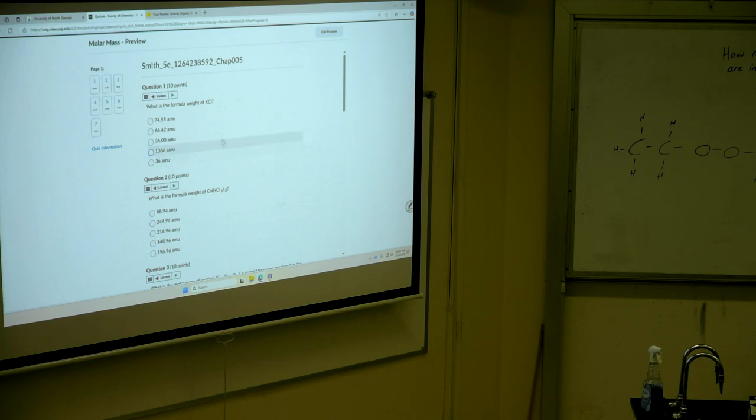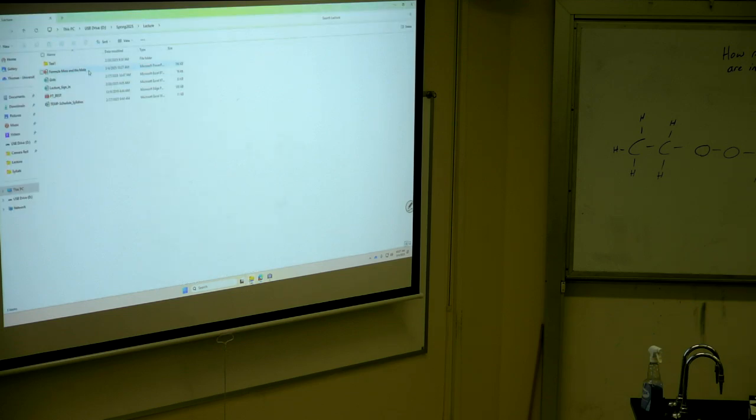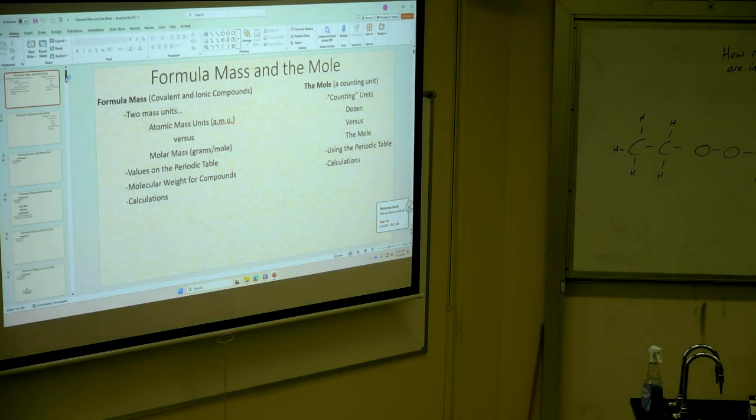What is the formula weight of KCl? Oh, yeah. I didn't mention this. I went ahead and put these in here, the ones that say AMU. But numerically, AMU is the exact same thing as grams per mole. So don't let AMU throw you off. We had, what did we have?